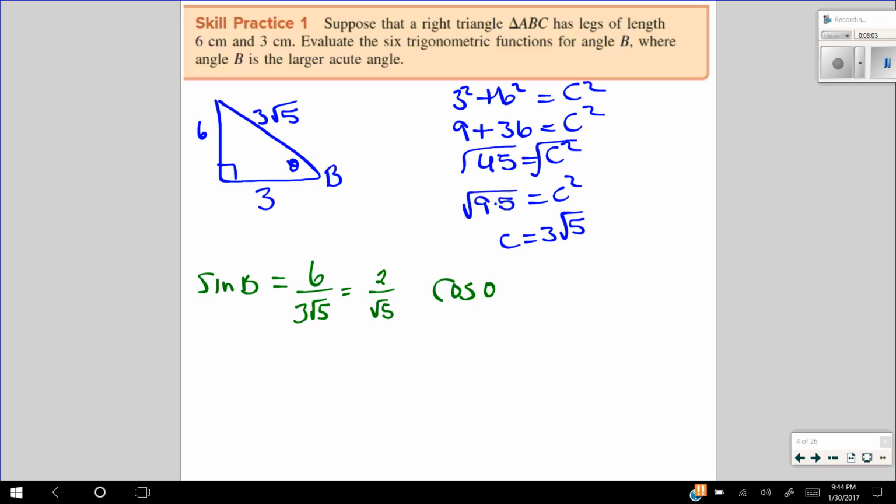Cosine of theta is going to be adjacent, 3 over 3 root 5, which again you can simplify to 1 over root 5. Tangent of theta is going to be opposite 6 over adjacent 3, which is 2.